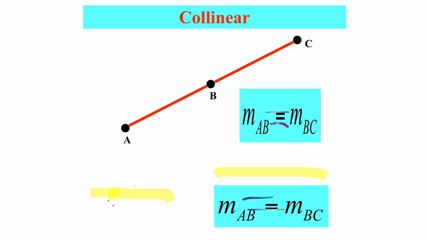So when you have collinear points, it means the gradient for the line A to B is equal to the gradient of line B to C, and you can say it's the same as the gradient from A to C. Alright, so collinear means they have the same gradient.